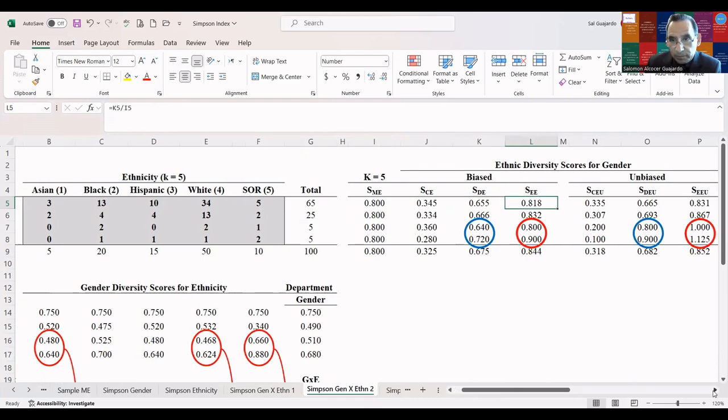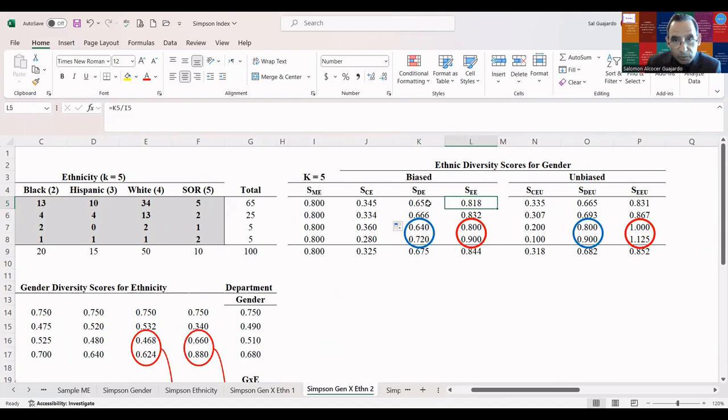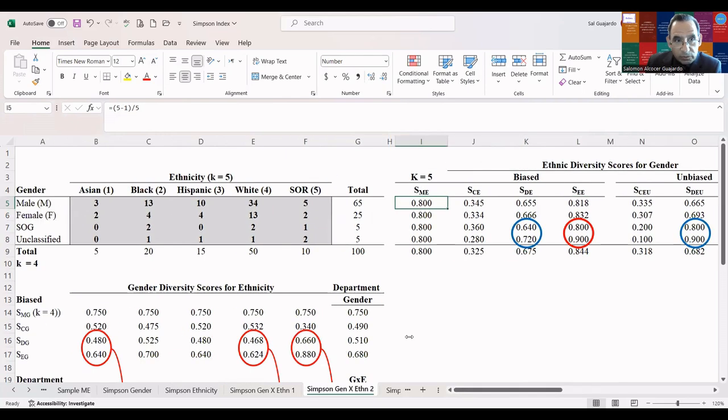The biased standardized score is going to be 0.65 divided by 0.80. And when I do that, here's the formula: K5 divided by I5, that's 0.818. So the department obtained 82% of the maximum possible score for males by ethnicity. And I just drag that formula down. That gives me for each row the females, some other gender, unclassified.